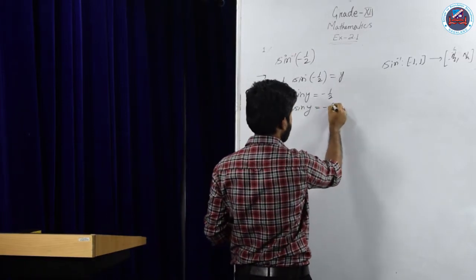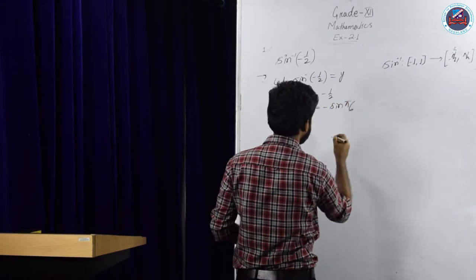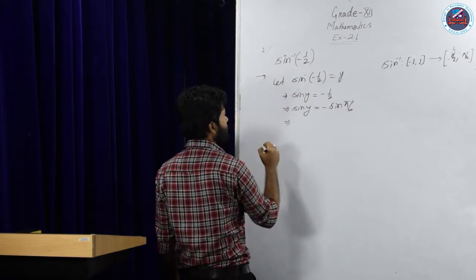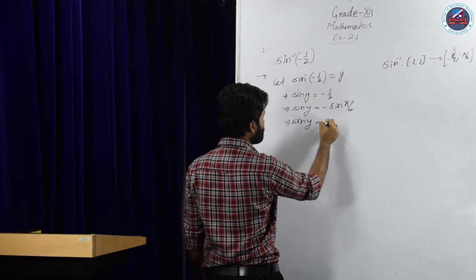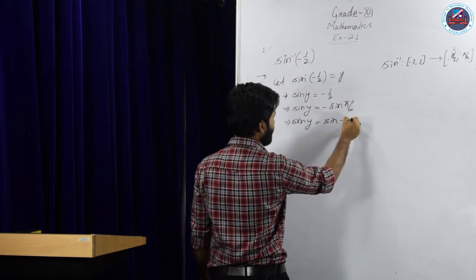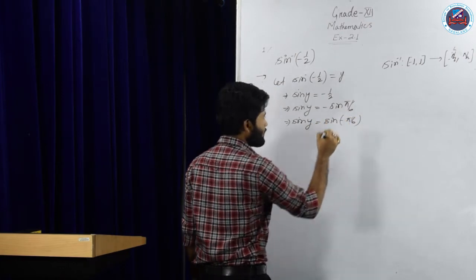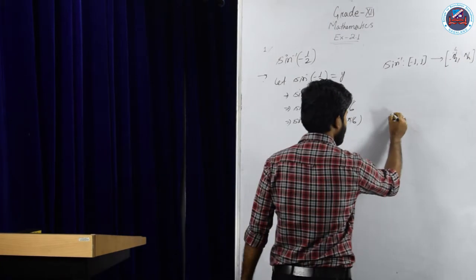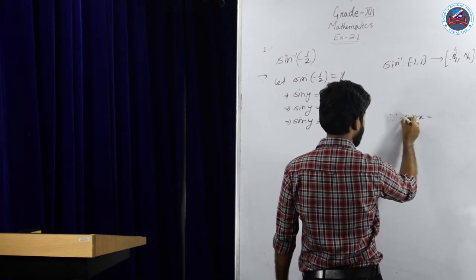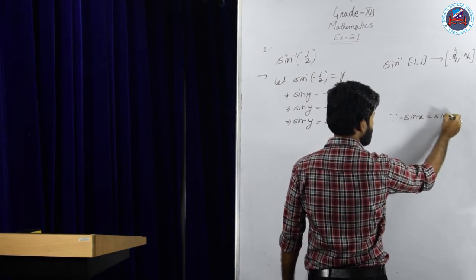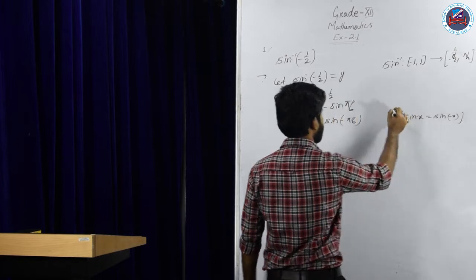That means in place of this I can write sine of pi by 6. So sine of y is equal to sine of minus pi by 6. Clear? Why? Since minus of sine x is equal to sine of minus x.